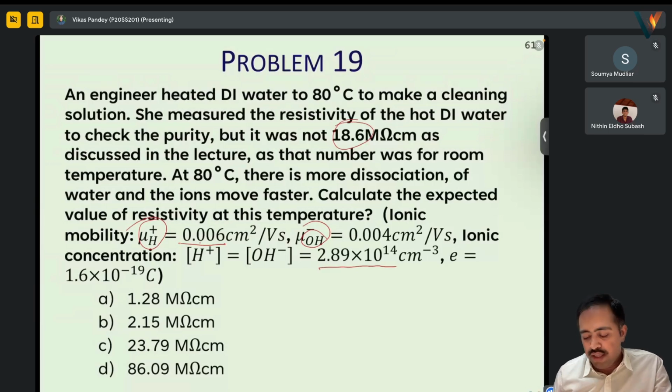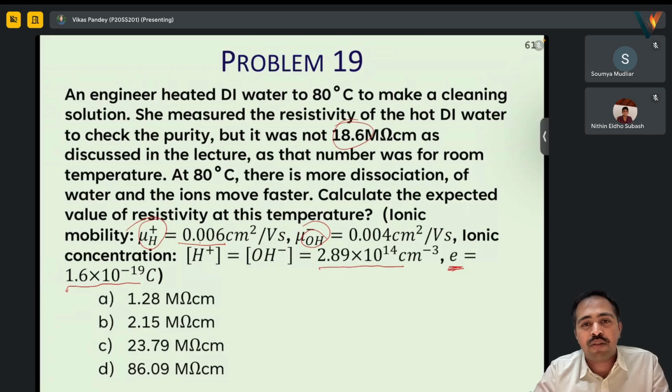We know the electronic charge is 1.6 into 10 to the power minus 19 coulomb. So can you calculate based on this? Yes, anyone? At least the formula.